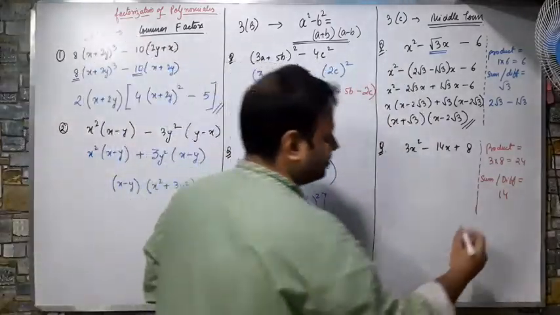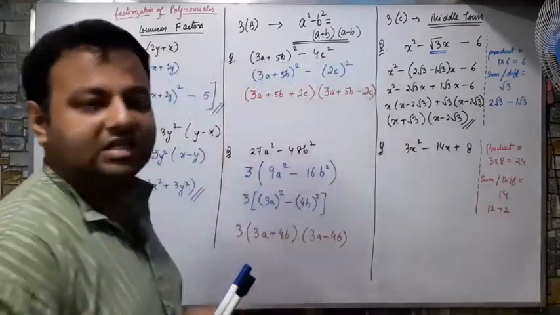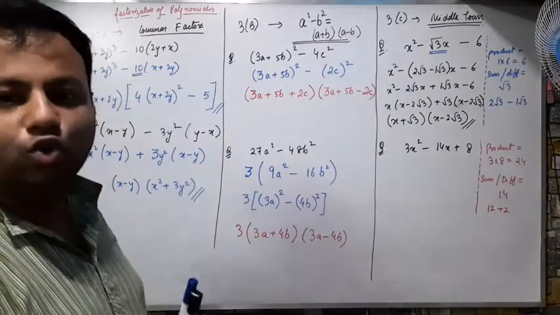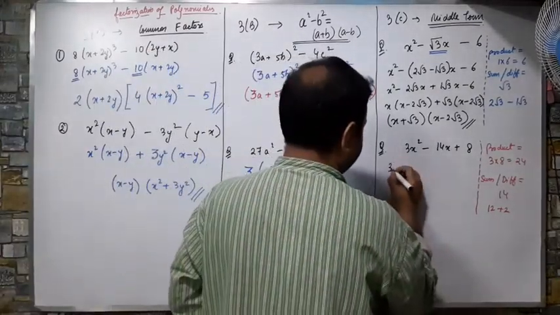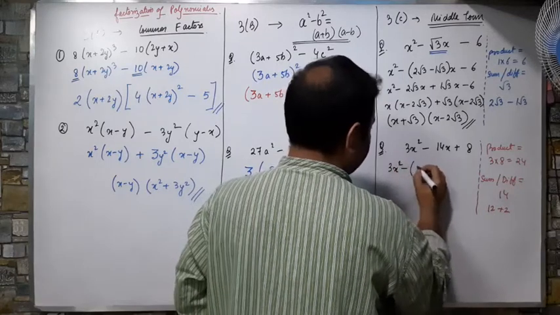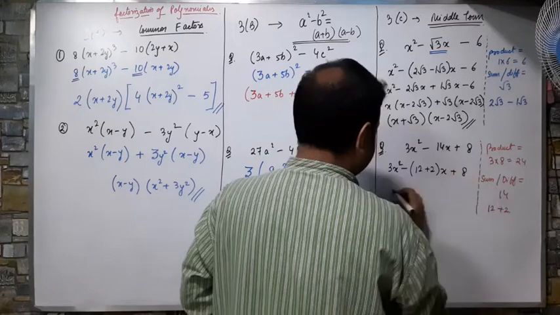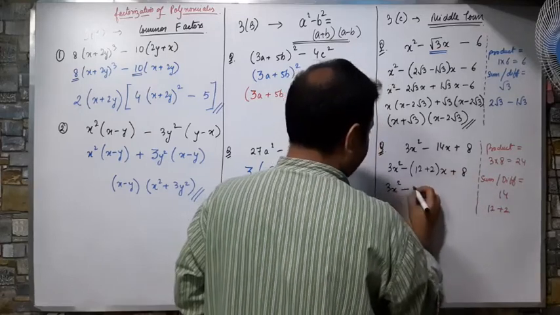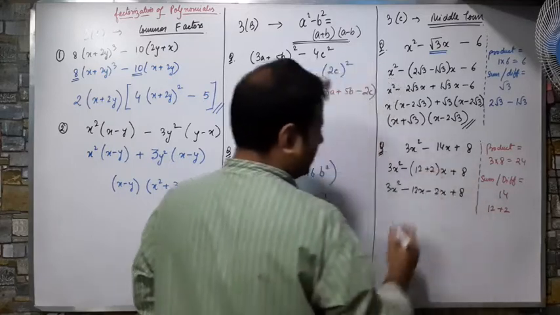They will be 12 and 2. 12 plus 2 is 14 and 12 into 2 is 24. So I will write here 3x square minus 12x minus 2x plus 8.